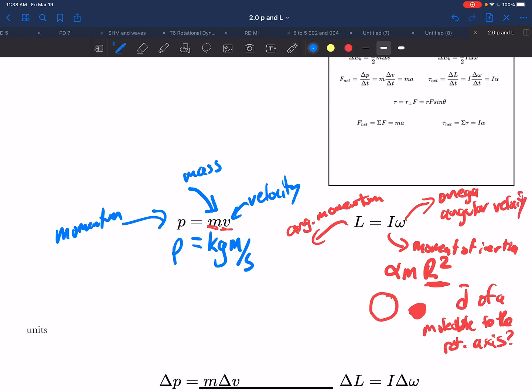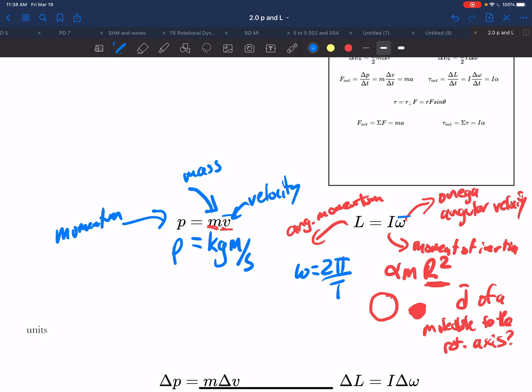And of course, we previously learned that omega is equal to 2 pi over t. And if it's a constant velocity, then we can use the average angular velocity, just like we could use the average velocity.